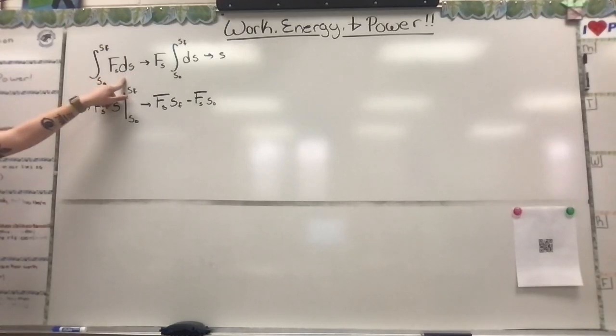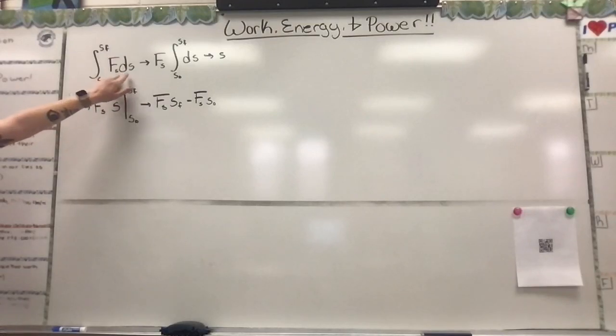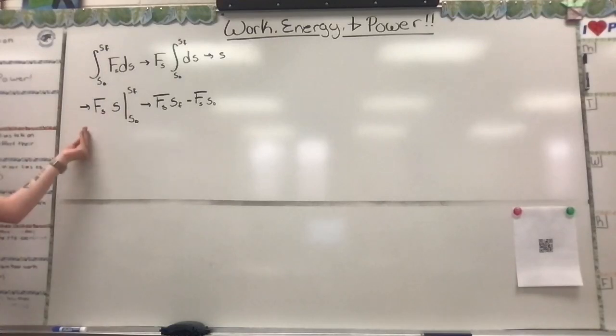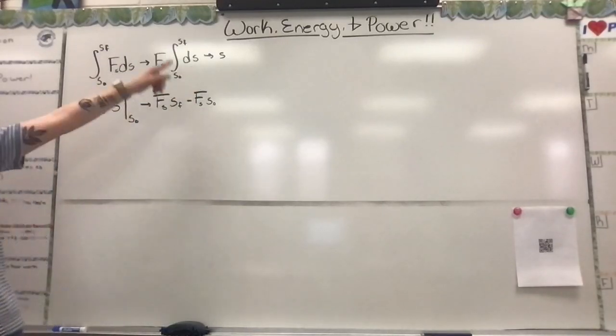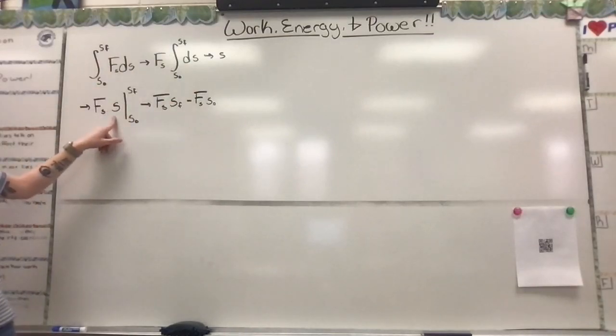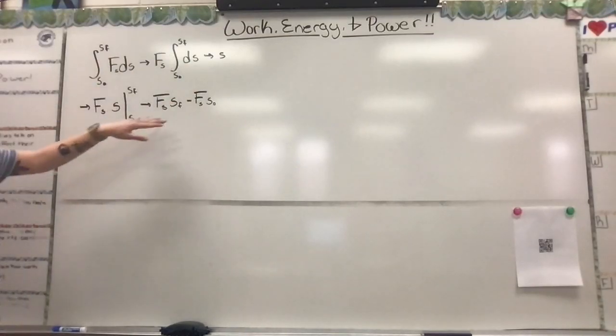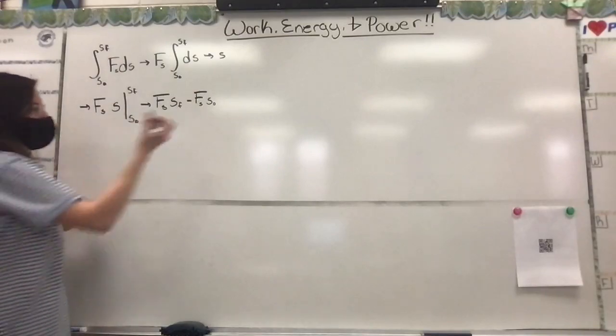That would say the force is changing. If it has a derivative on it, that's what's changing. Since we're taking the integral of the derivative, it just cancels out the derivative. So the force comes out. Then we take the integral of the derivative, which is just its original function.